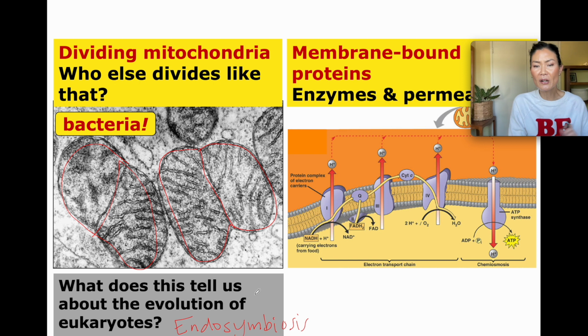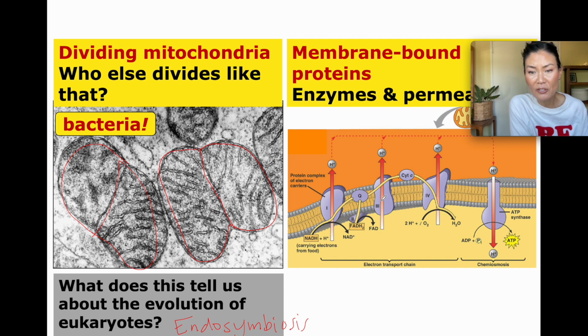And within the mitochondria, you have the inner membrane. Remember, whenever we say membrane, we're thinking of a phospholipid bilayer. The inner membrane also has proteins embedded in the phospholipid bilayer. Some of these proteins are enzymes, like this is ATP synthase, and permeases, which are going to help transport electrons.